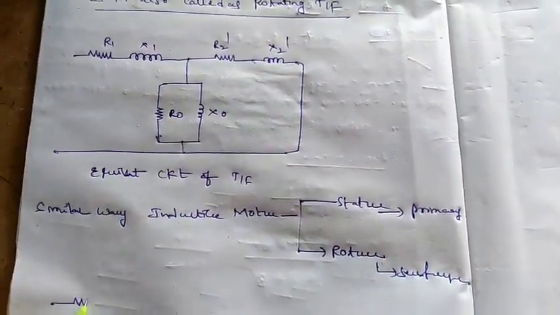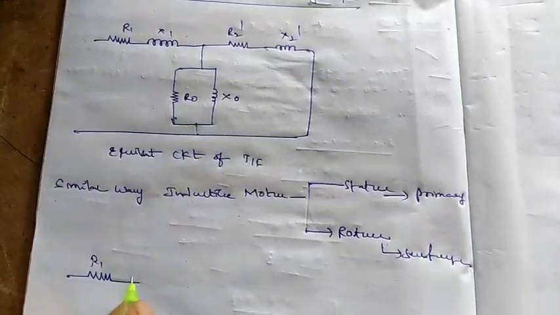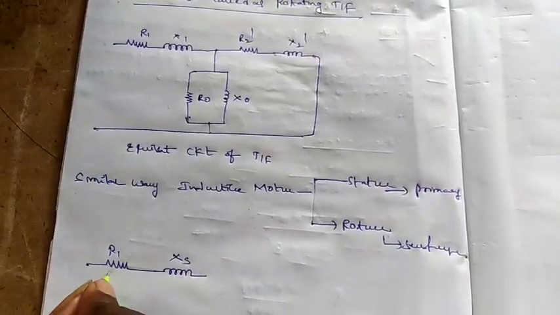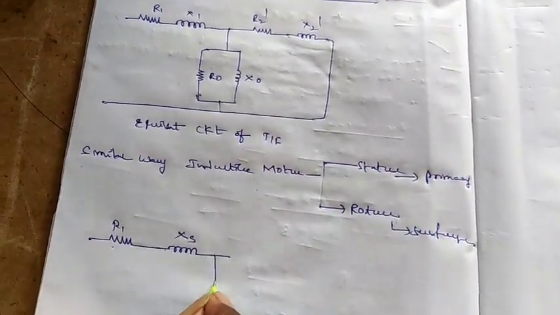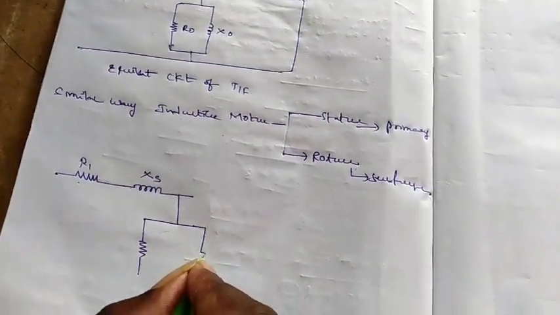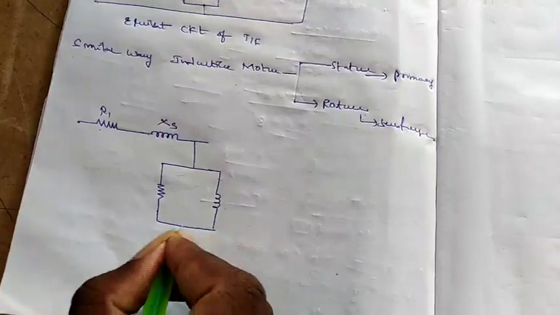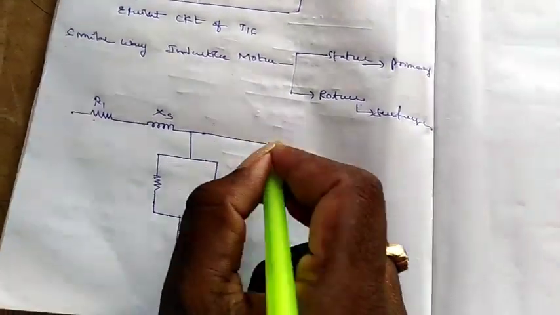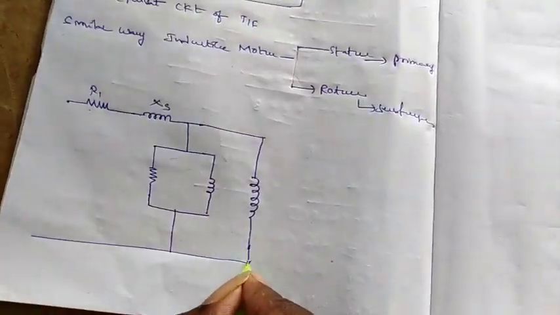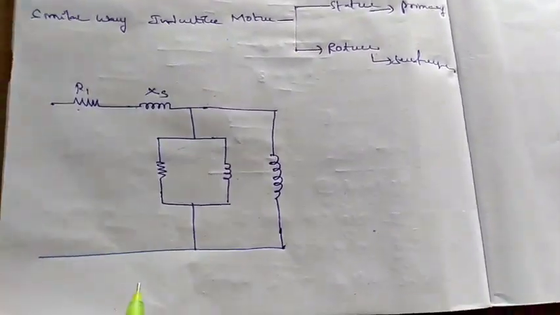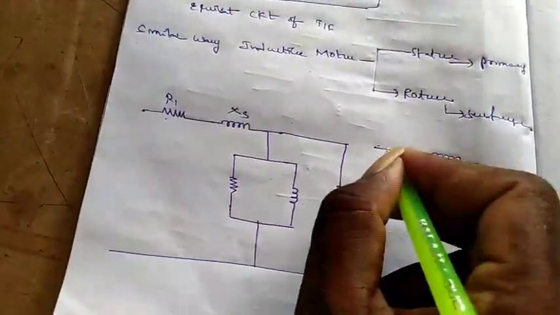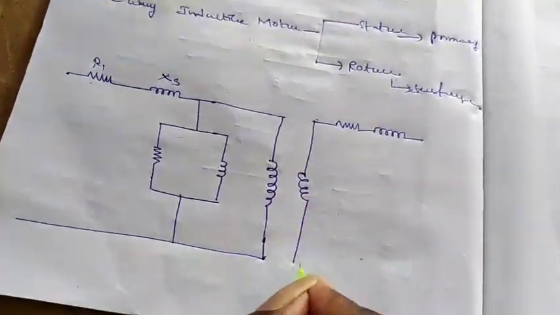So I indicate stator resistance, stator reactance, and the stator shunt branch parameters. This is about stator. Similar way, resistance and reactance of rotor.